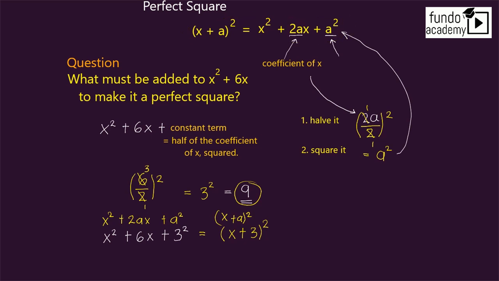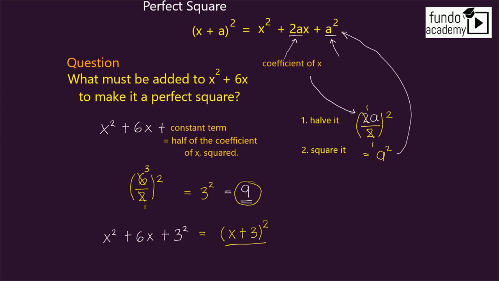Okay, so that is how it'll come out. It'll come out as x squared plus 6x plus 3 squared, and this will be equal to x plus 3 squared.